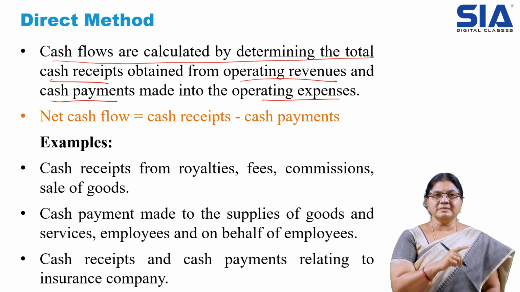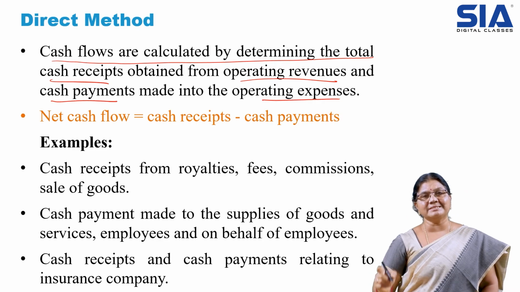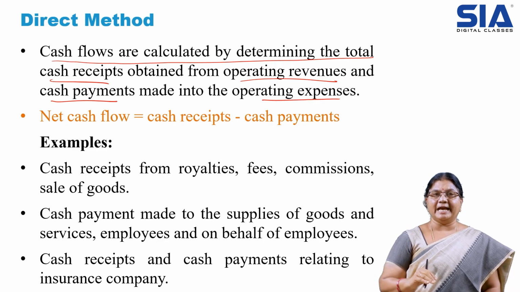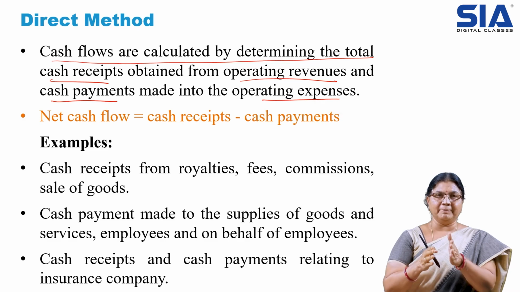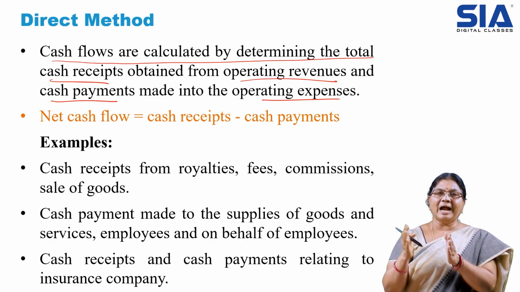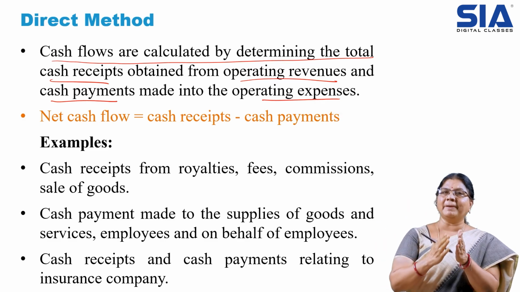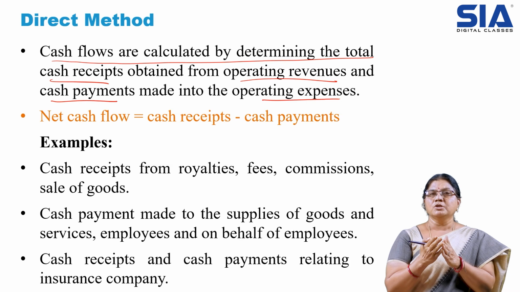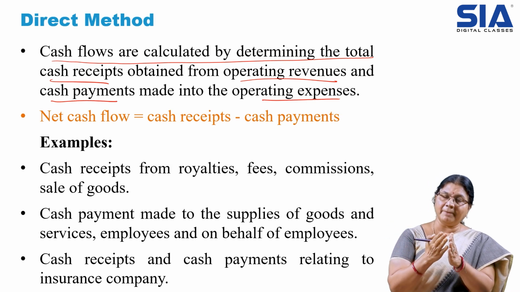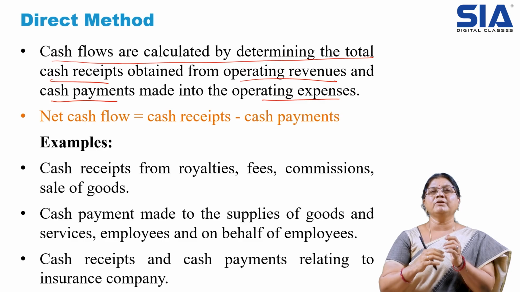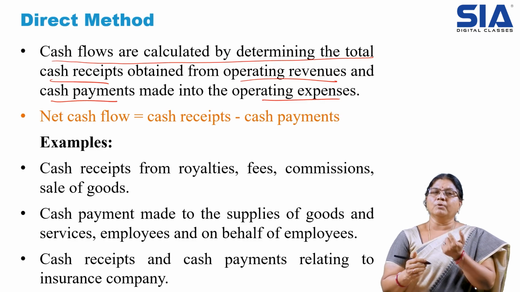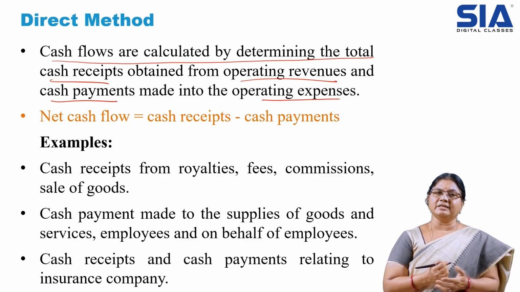Cash receipts minus cash payments gives us the net cash flow. Net means whatever is available. Unless we remove the payments, it will not be net. Once we remove the payments made from the receipts, we can understand exactly what the position is, which we call net cash flows.